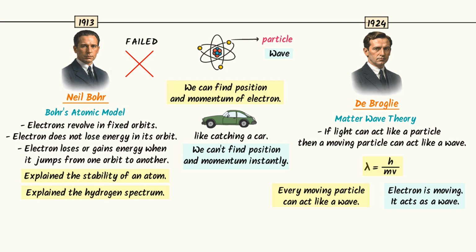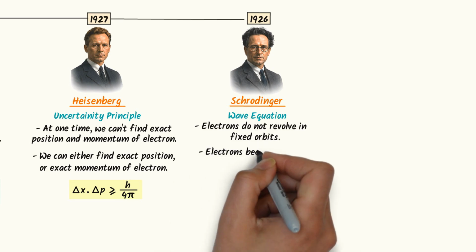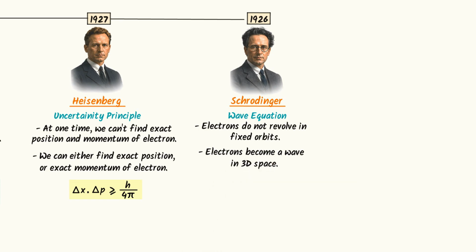Now to solve these problems, in 1926, the great scientist Schrödinger Baba appeared on the screen. He presented his famous wave equation. According to this equation, electrons do not revolve in fixed orbits. Rather, electron becomes a wave in 3D space.